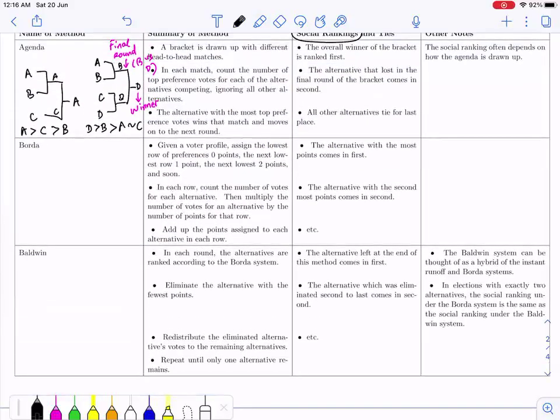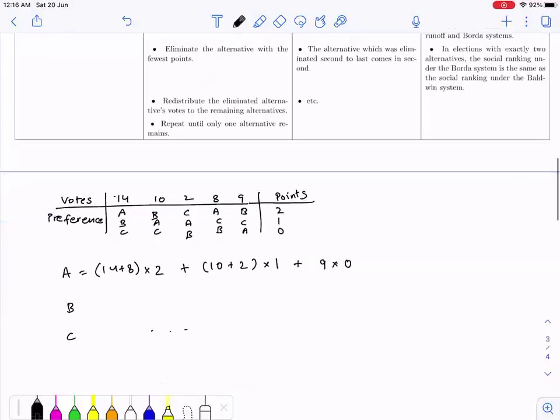Finally, Baldwin is just Borda in rounds. So you do round 1 of a Borda voting system, and then eliminate the alternative with the least number of points.